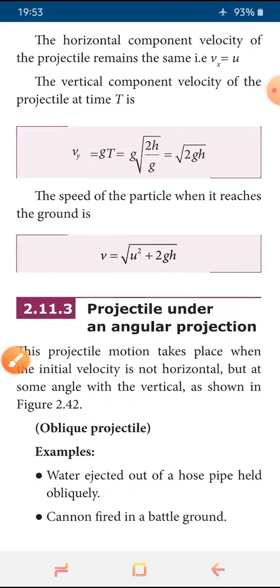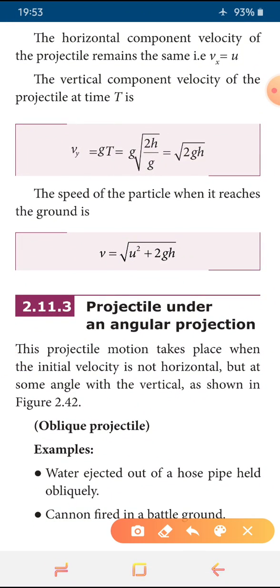Square root of 2h divided by g here, and the horizontal component velocity of the projectile remains the same. We know that horizontal velocity is always the same. Then vx we can take as u. Vy is what? It is for vertical. Then the vertical component of the velocity at time capital T we can write from equation 2.27. Look at the same derivation, from equation 2.27 we can substitute vy is equal to g. In 2.27, the small t will become capital T here.